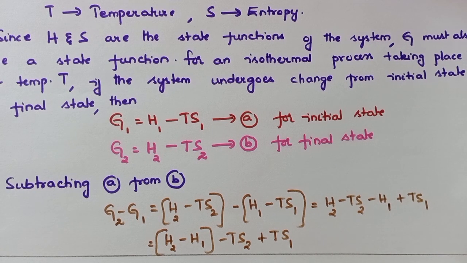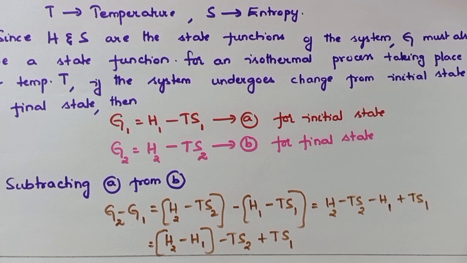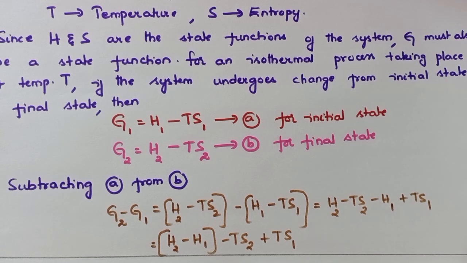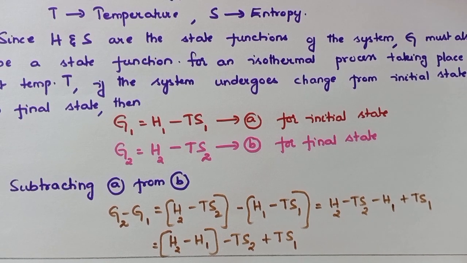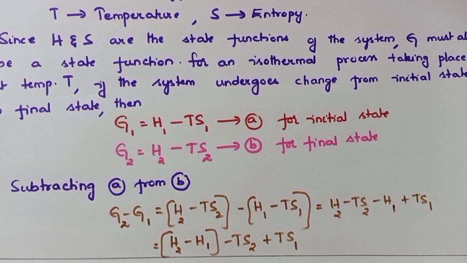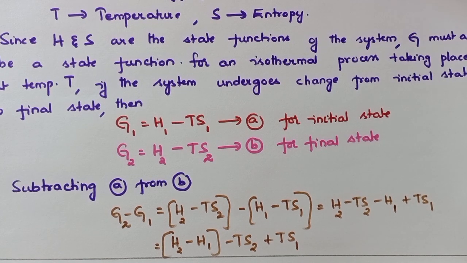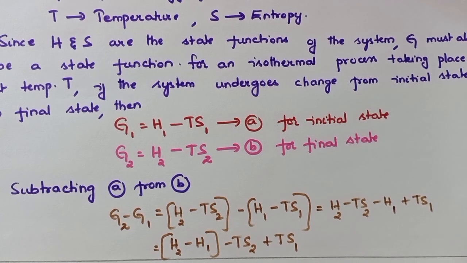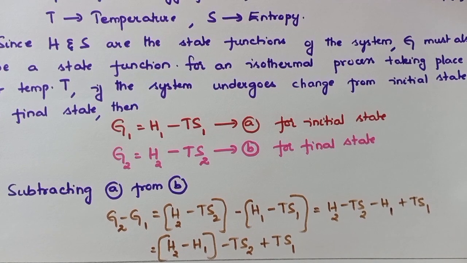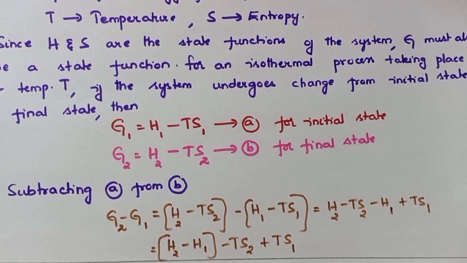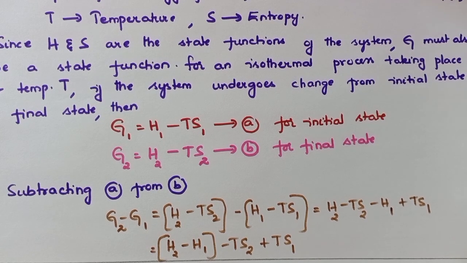Now, in TS2 minus TS1, same like we did for work function, take T common. So, write down G2 minus G1 is equal to H2 minus H1 minus T into, what will you write in the brackets?